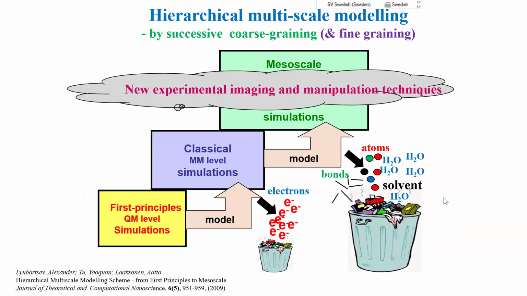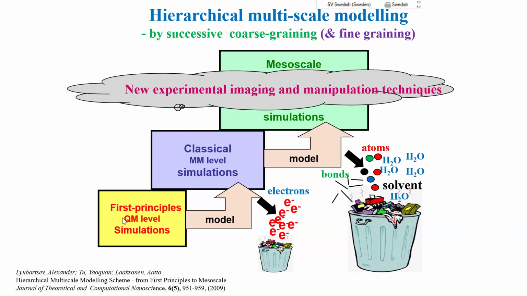The principle here is that we start from a very accurate level. We go a level up, and while doing this, we throw away the degrees of freedom we don't need. Going from quantum mechanics to classical, we throw away the electrons we don't need, but then we have to use empirical force field. From empirical force field to mesoscale, we have to create new models.